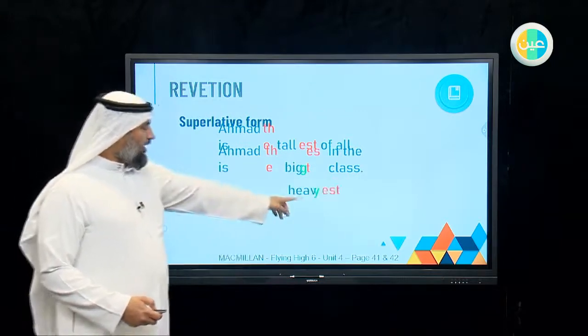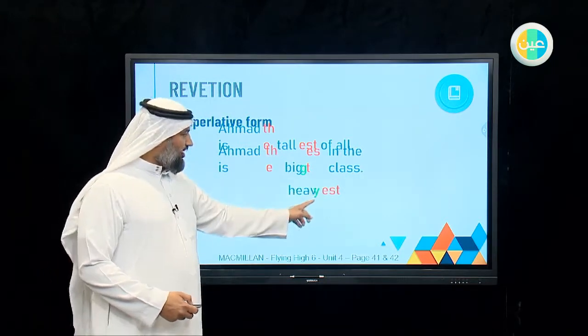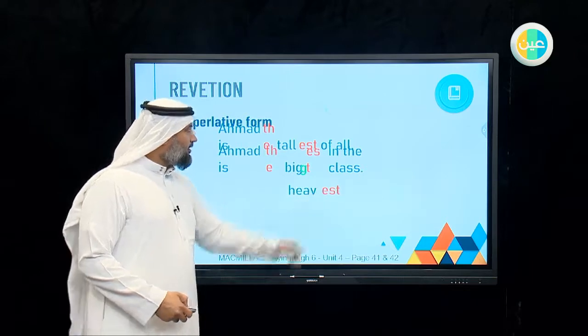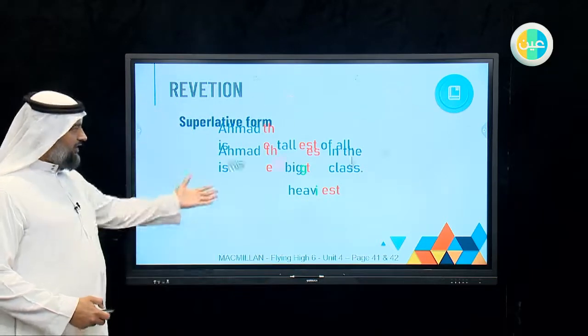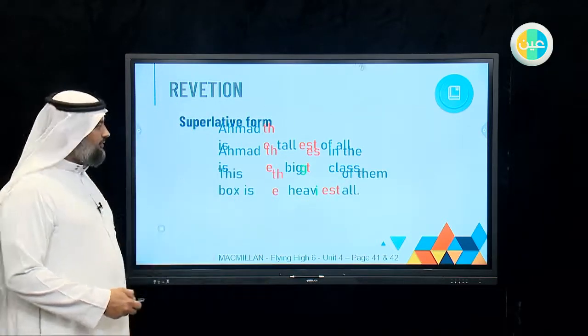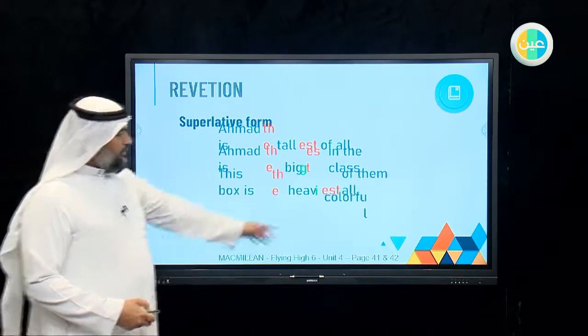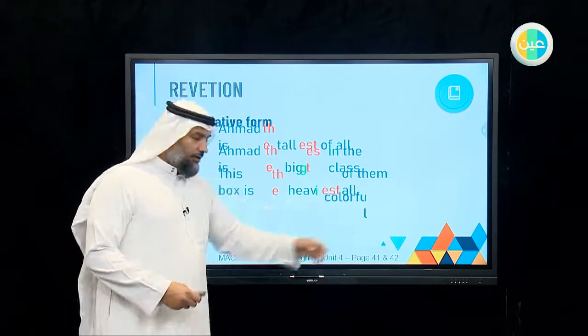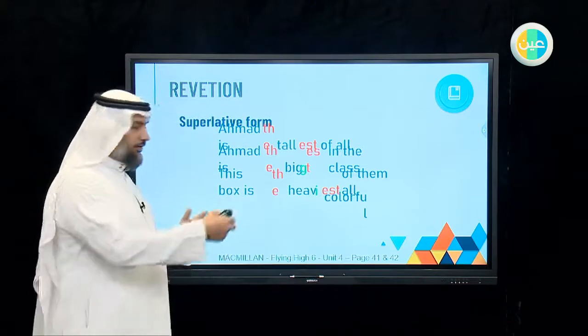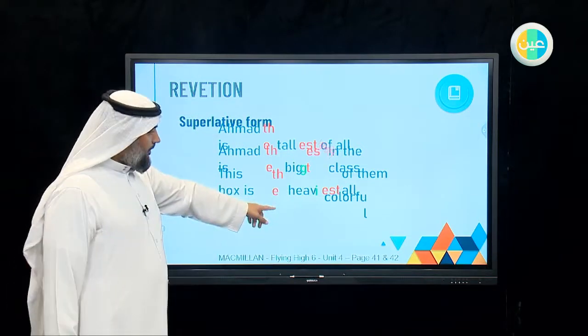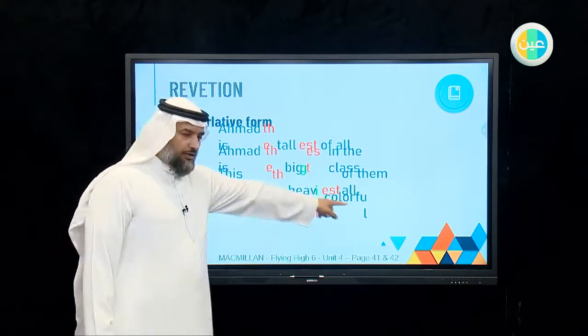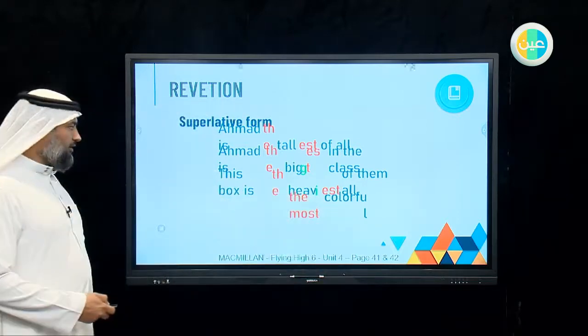Heavy, when we add EST to it, we take out the Y and put I. And also colorful, it's 3 syllables, okay? So when you add, we say the most colorful.